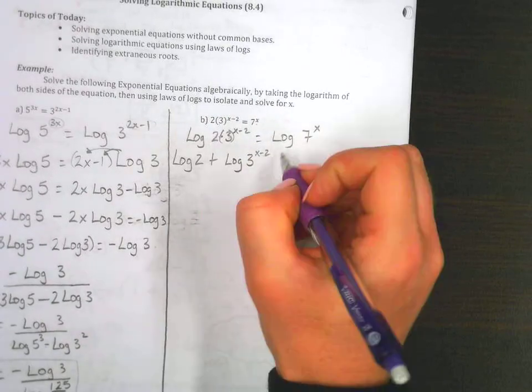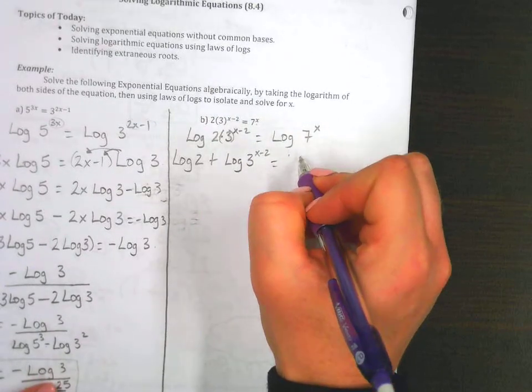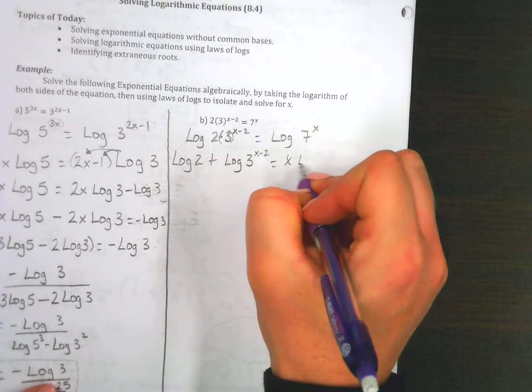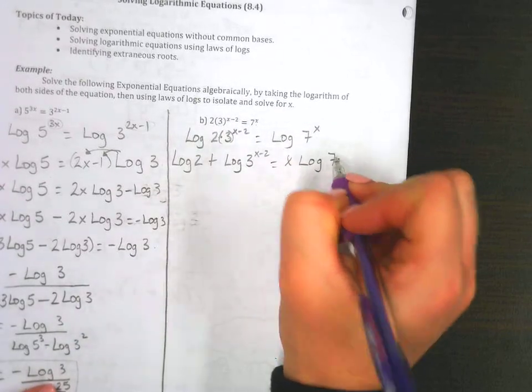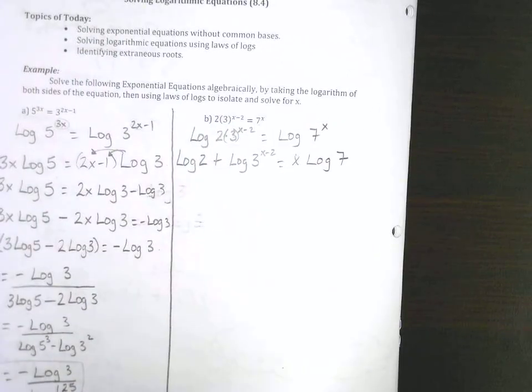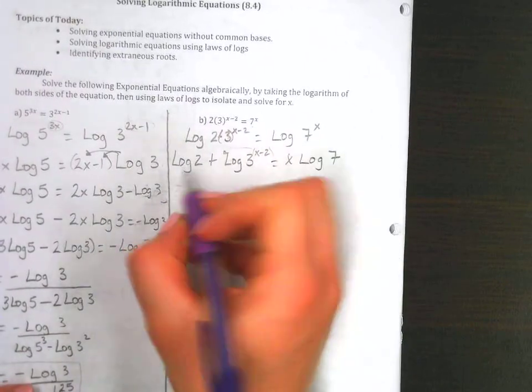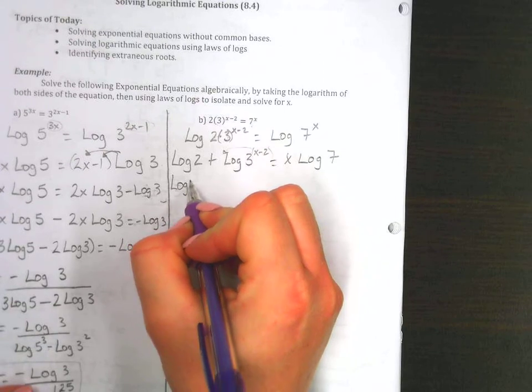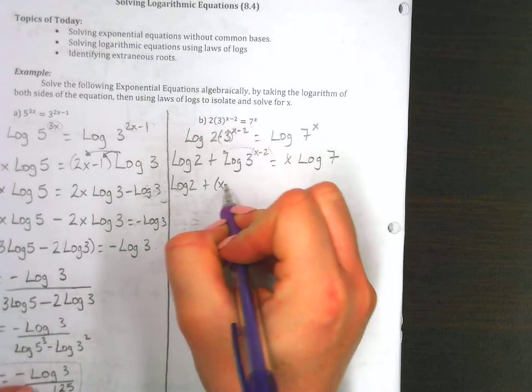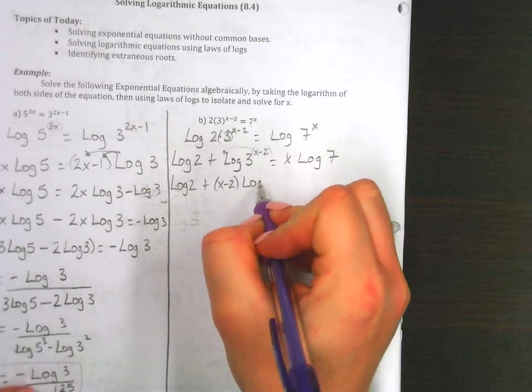Now I'm going to use my power law again, so next step would be log 2 plus, in brackets, an x minus 2 log of 3 equals x log 7. Now again, I want to run this log of 3 through my set of brackets.